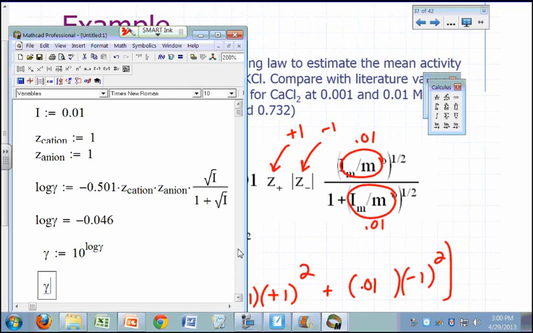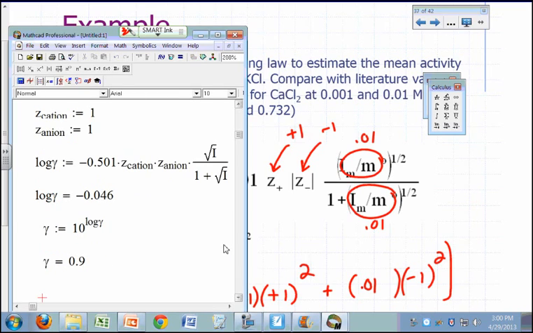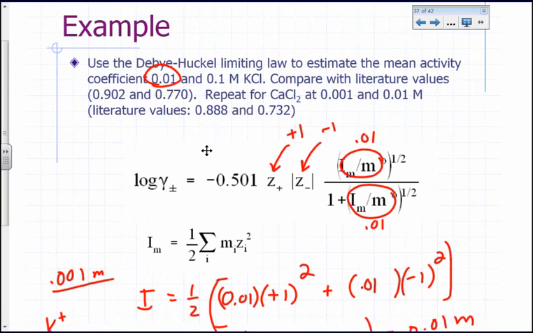So gamma equals 0.9. Okay, so the activity coefficient, even for 0.01 molar, is already significantly less than 1. It's 0.9. The literature value is 0.902.